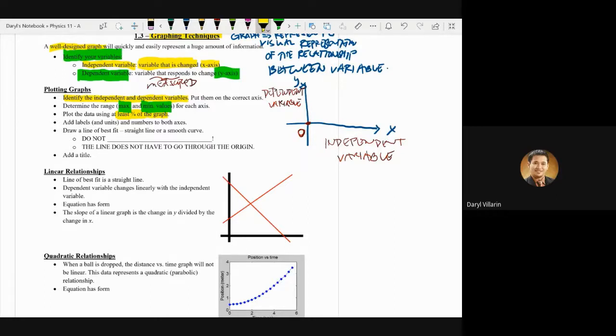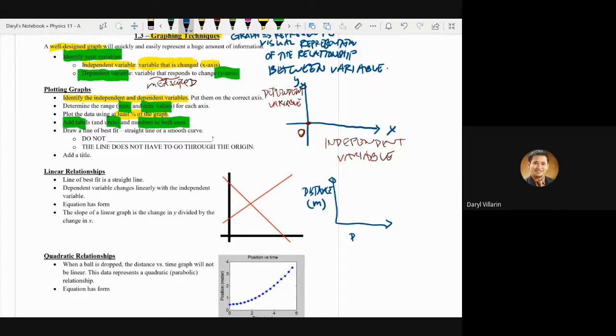Okay, and next up, don't forget to label the axes with the numbers and the units. So let's say, for example, I'm studying distance over time. I'm going to place distance and then the unit m, so let's say it is in meters.